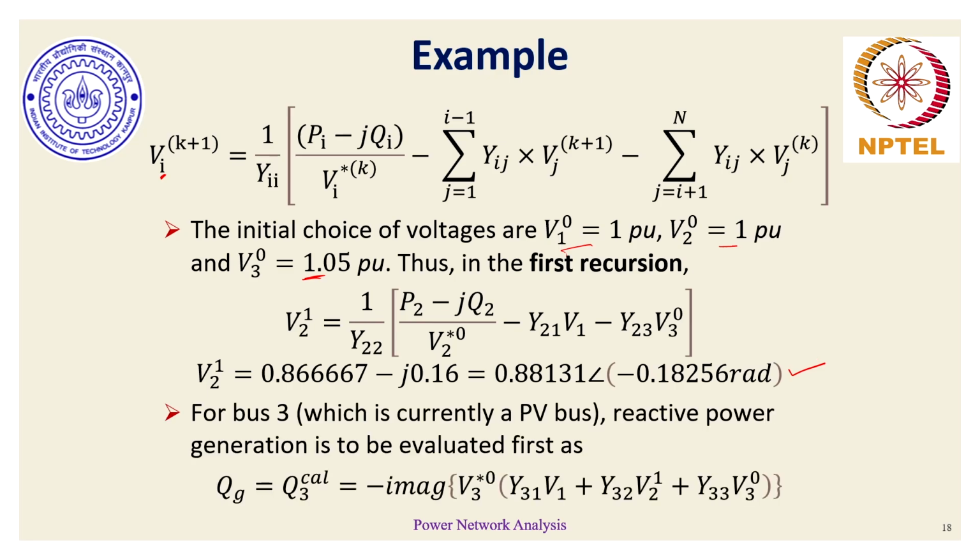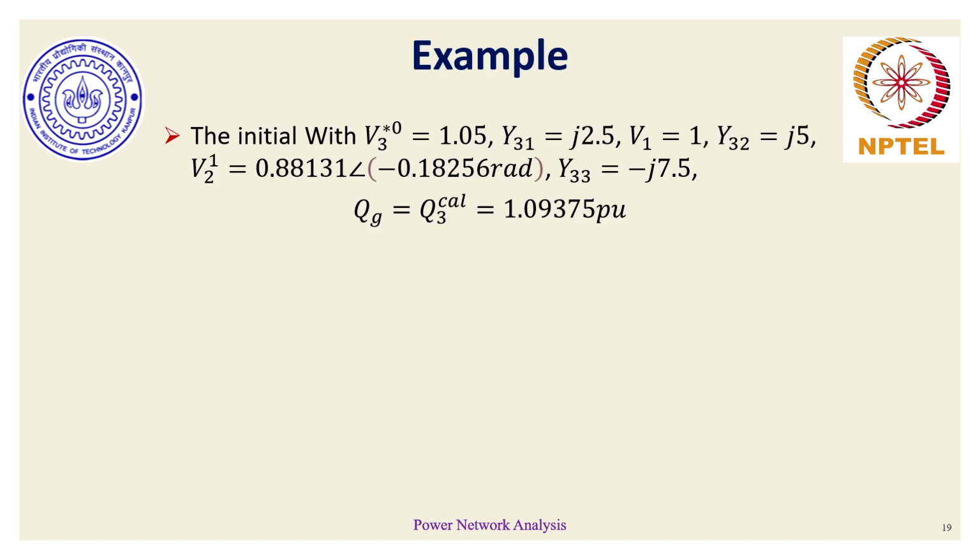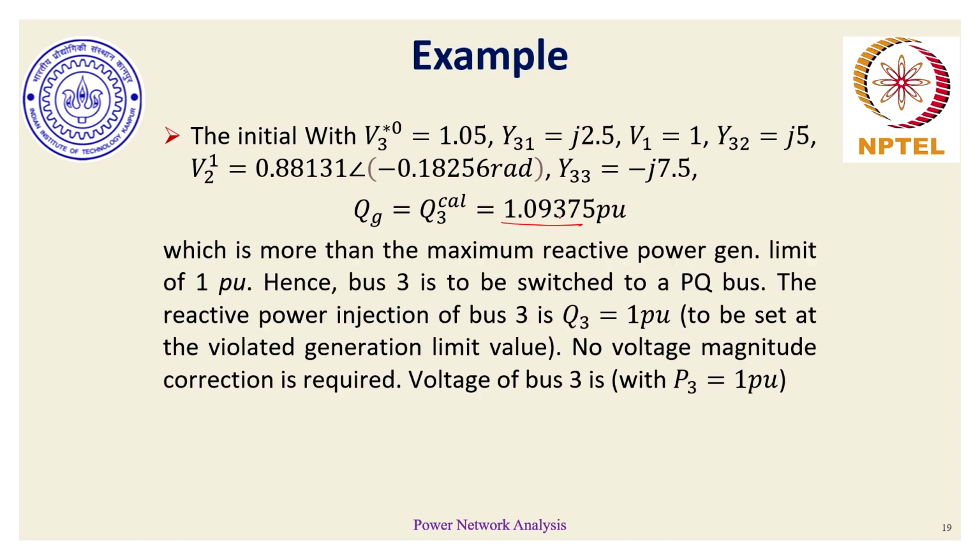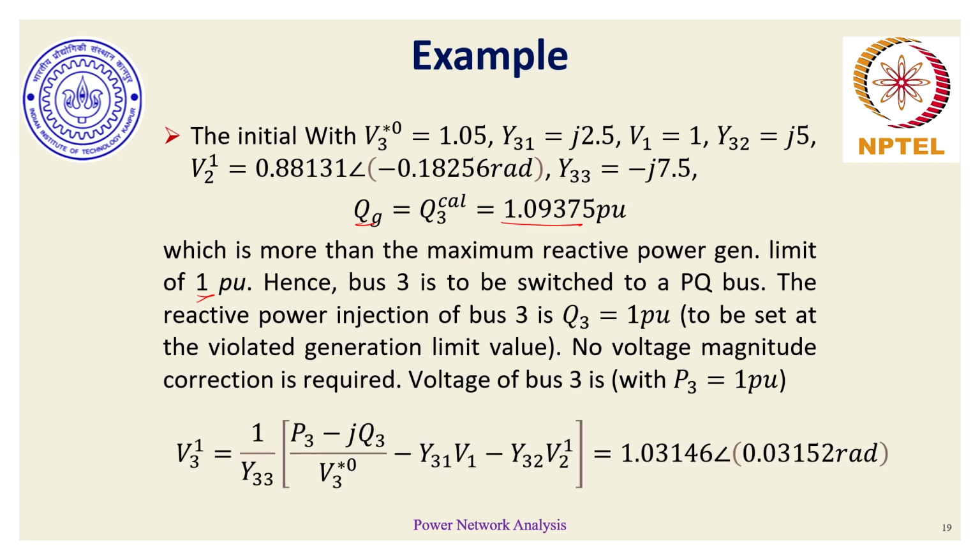When we go to bus 3, since it is a PV bus, we need to check whether its generation, which is based on the latest voltage values, is within its limit or not. The generation value is not within its limit because the maximum value is 1 pu. So we cap QG at 1 pu and recalculate the corresponding injection, which, since there is no load, makes Q3 itself equal to 1 pu.